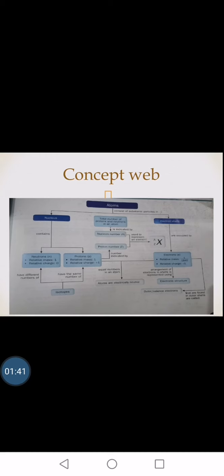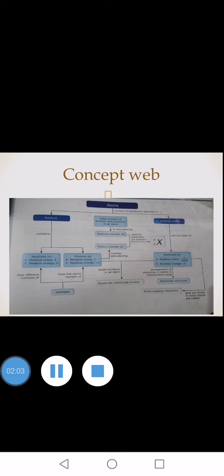So what is the electronic structure? If we talk about the structure of any atom, that structure is called the electronic structure. The arrangement of electrons in shells is represented by using the electronic structure.